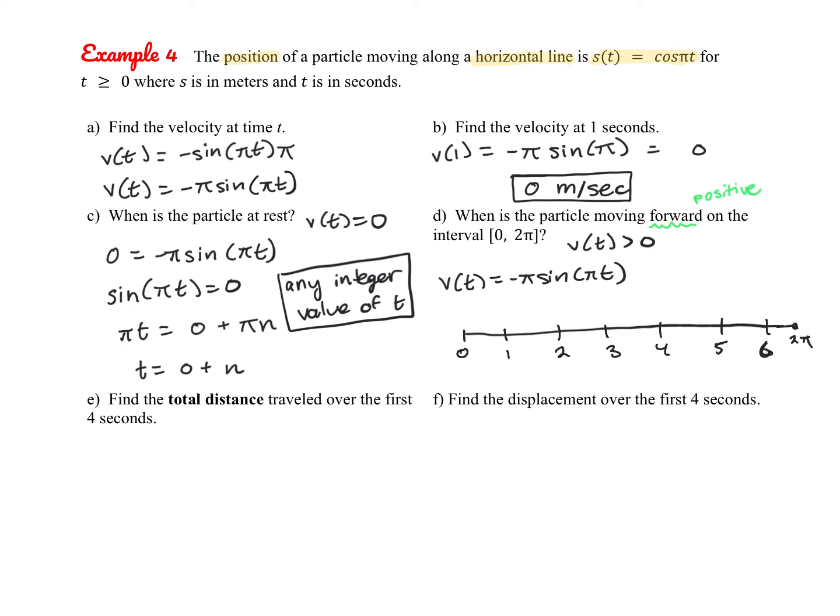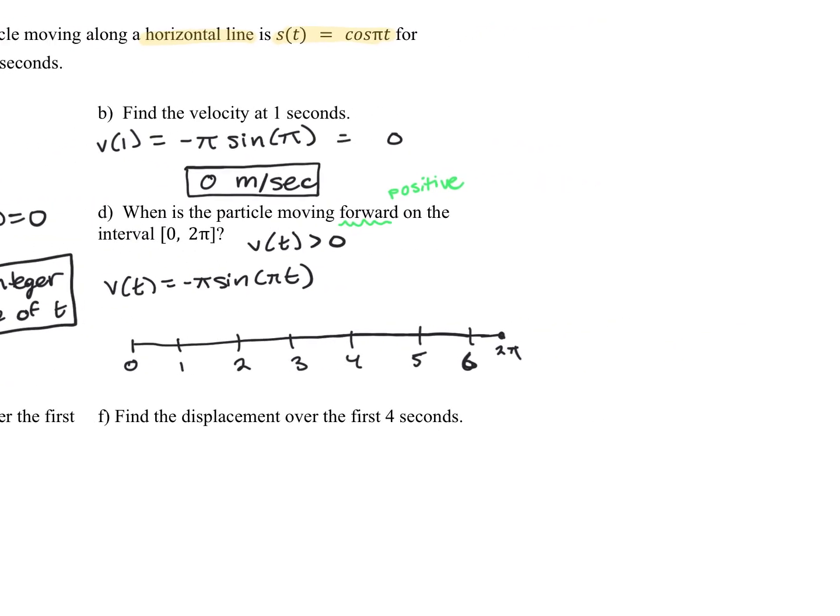So we're going to stop there because we only want the times between the interval of 0 and 2 pi. So now that we have our x-intercepts, we just need to evaluate the sign between each interval. We can do this by plugging in some value between each of those x-intercepts, or we could also just kind of think about a picture of this graph.